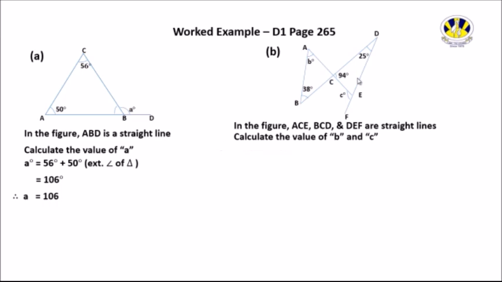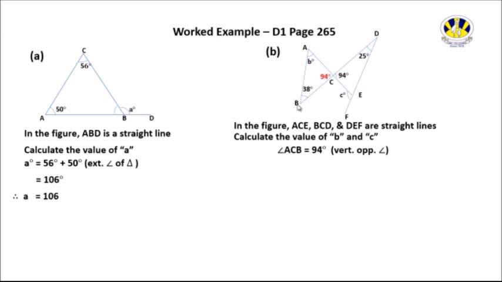Do you remember vertically opposite angles? When two lines intersect or cross each other, the angles on opposite sides are called vertically opposite angles, and vertically opposite angles are equal. So we know that angle ACB is 94 degrees because of the vertically opposite angles.